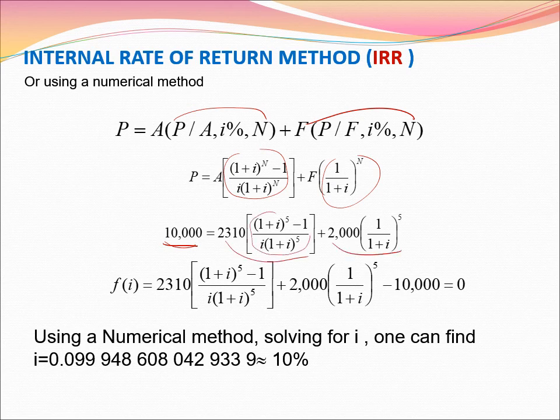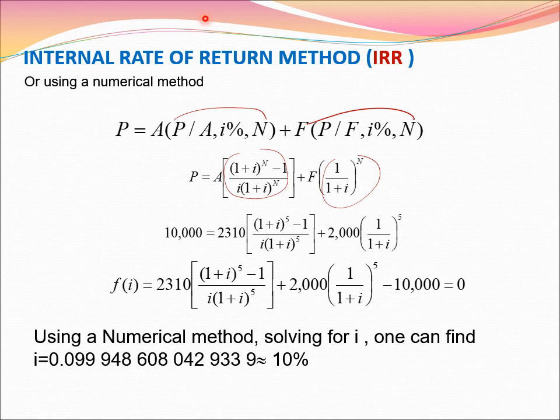So this is P given A and this is P given F formula. And now we need to solve this equation for I. And as you can see, it is still not that easy to solve this equation because we have 1 plus I to the power 5 and so on in all numerators and denominators. We need to find the interest rate which makes this equation equal to 0. And how you can do it, again, you can use some computer software or some numerical methods.